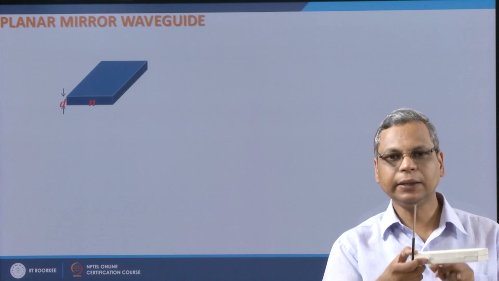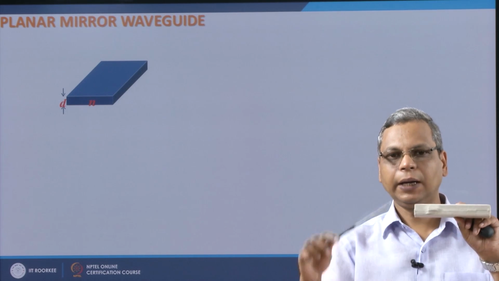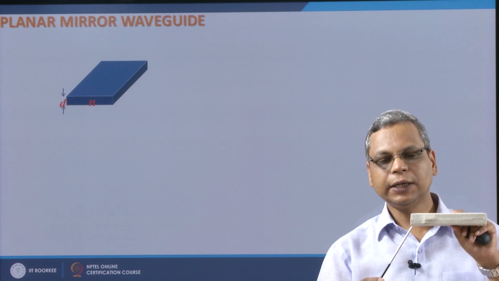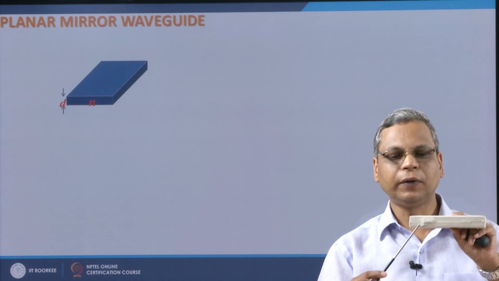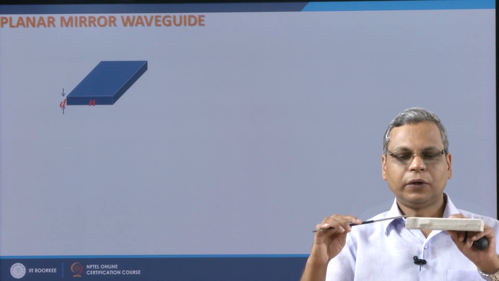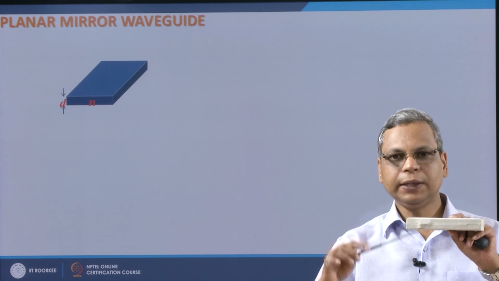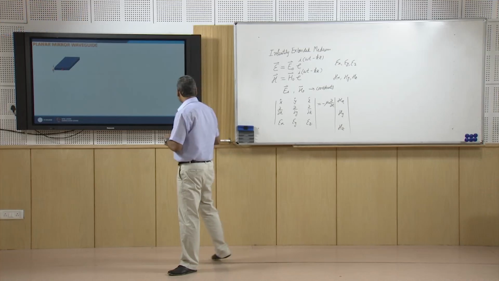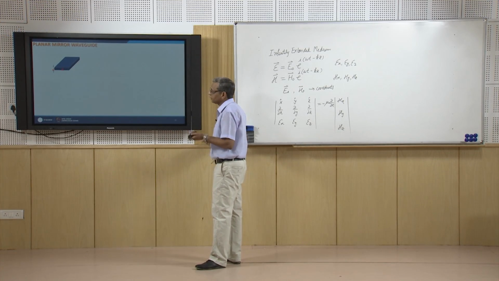When I deposit metal on top and bottom, then if I launch any light, then that light will be reflected back and forth, okay, from this mirror and from this mirror, and should be guided. So, this is the simplest waveguide I can think of.